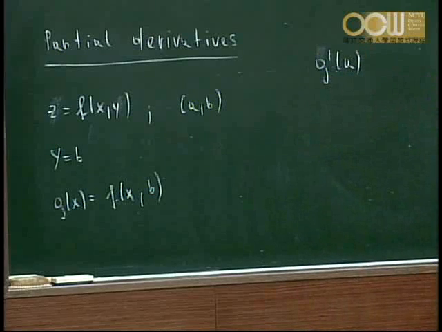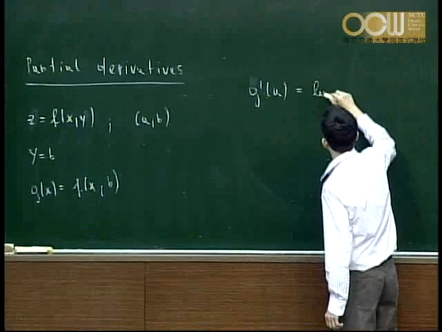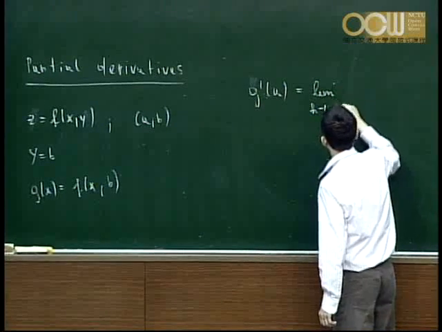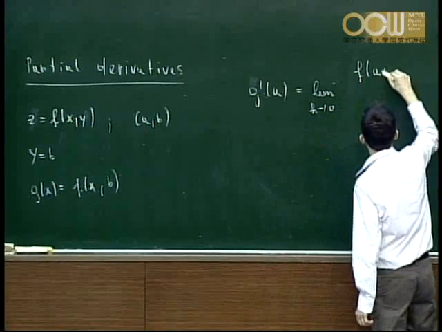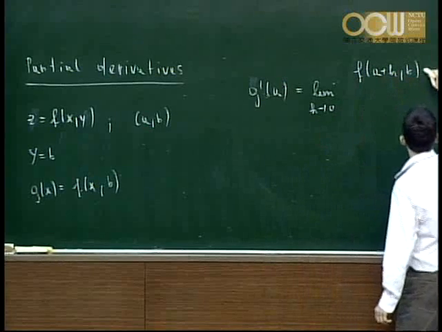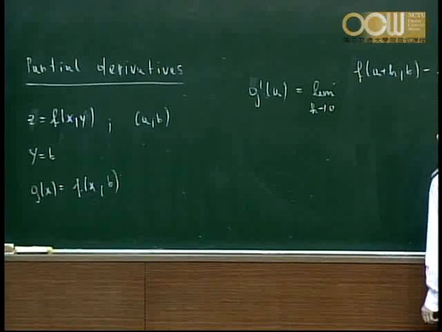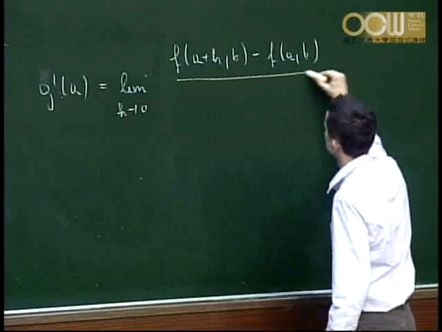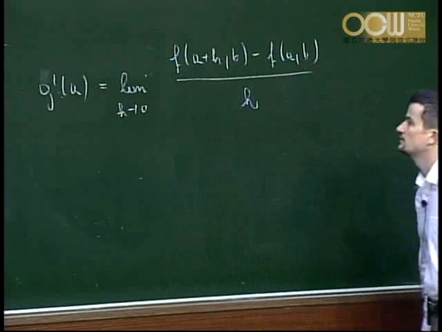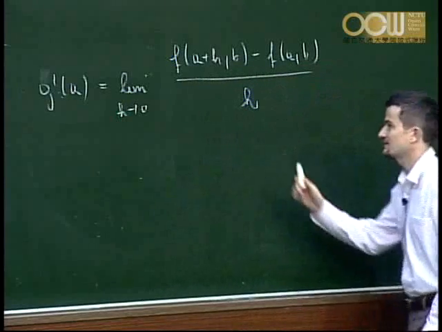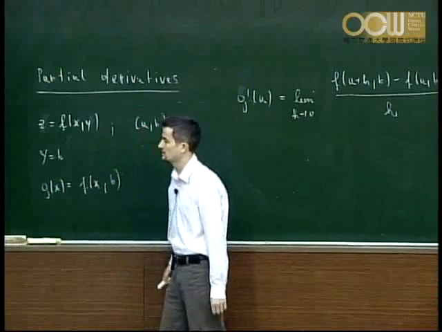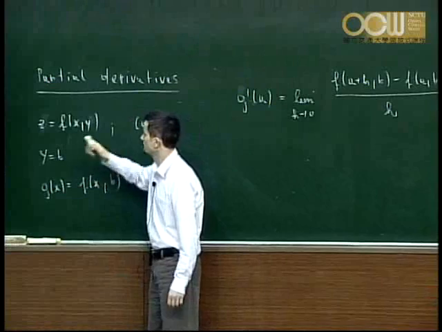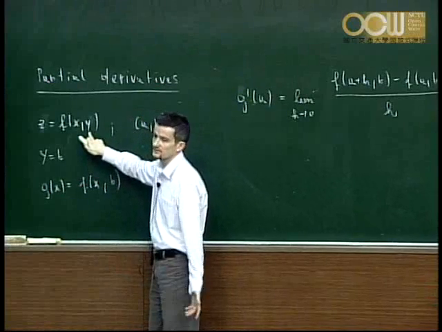If we use the usual derivative at a point a, then by the definition from last semester this is just the limit as h tends to 0 of f of a plus h, b minus f of a, b, over h. This means we just take the derivative with respect to the first variable, and we assume that the second is a constant.